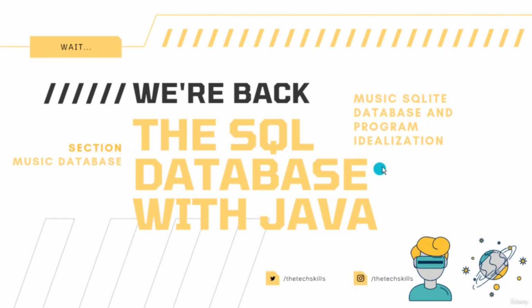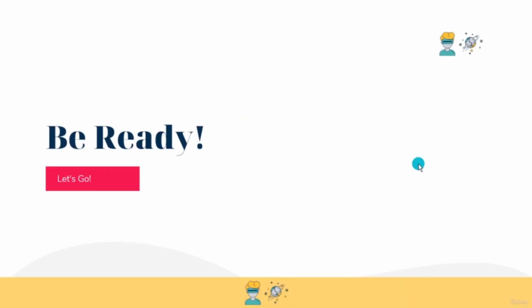We're back to the SQL database with Java course, and we're going to make the idealization of the program that we're going to be developing in this section. Be ready and let's go.